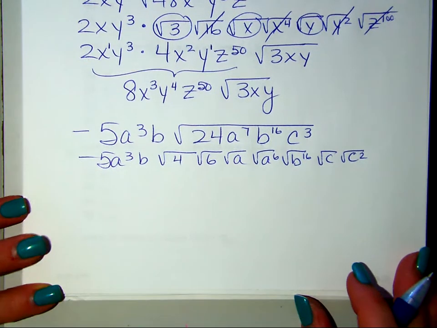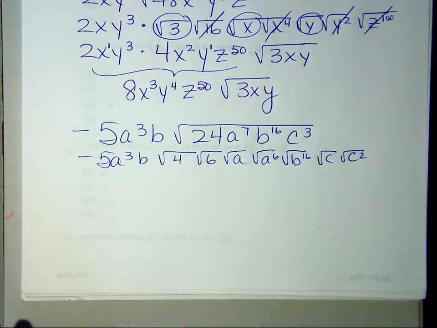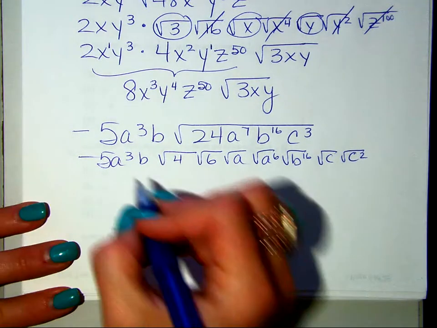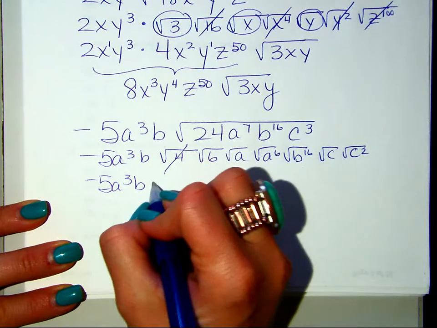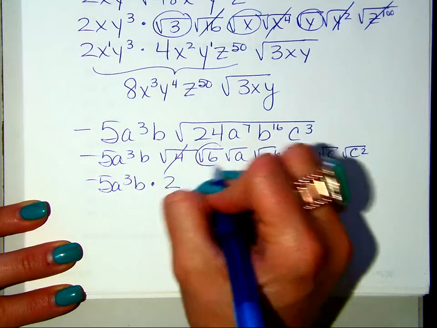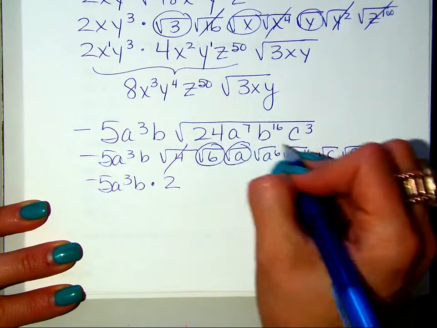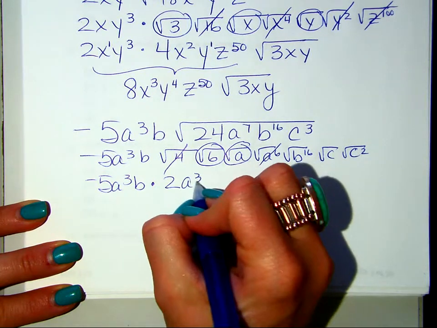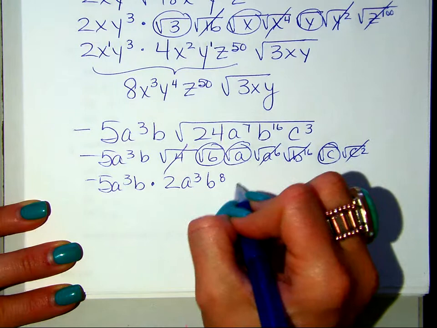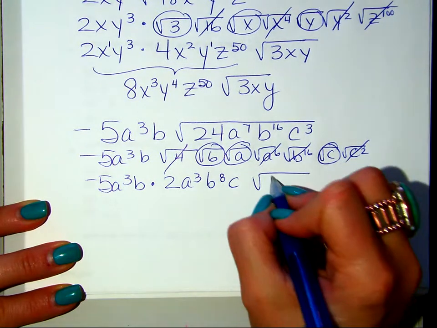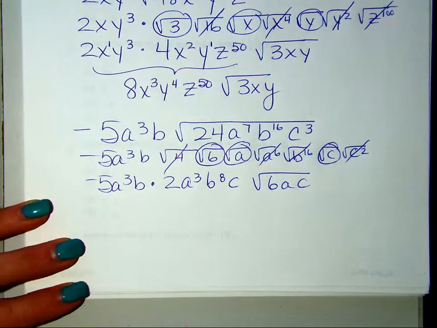Okay. At your first step, in that exact order, this is going to hang out here for a little bit. Multiply it by a 2. An a to the third. Good so far?